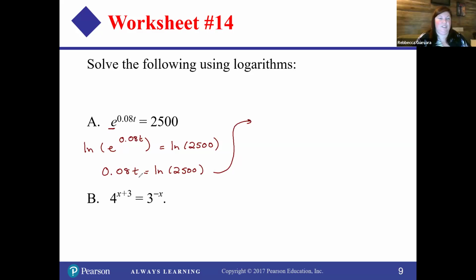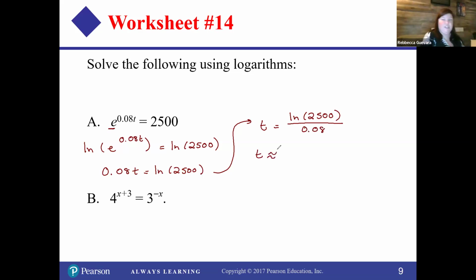So to continue over here, if I just want t, I divide both sides by 0.08, so t would just be natural log of 2,500 divided by 0.08.